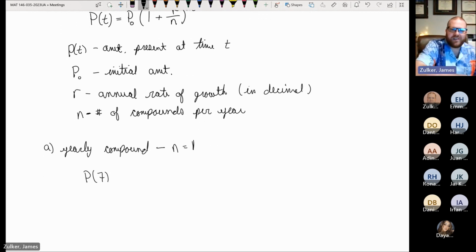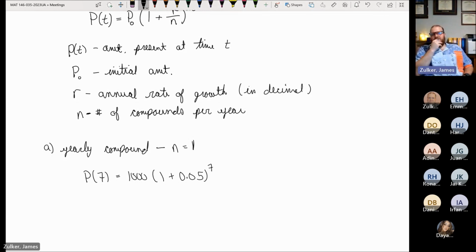So we want P of 7. We know P naught is 1,000. 1 plus the rate of return in decimal form divided by 1, all raised to the n times t, which is 1 times 7.